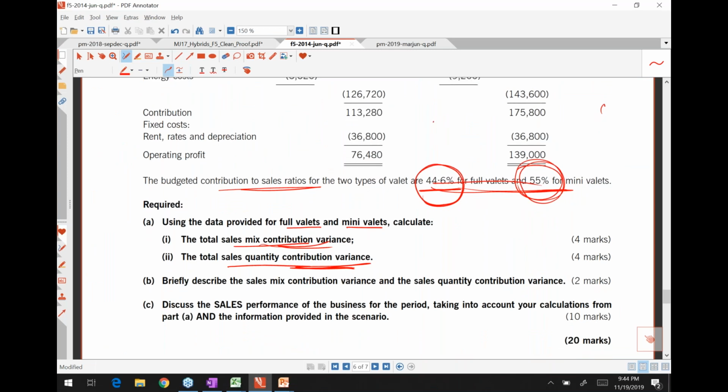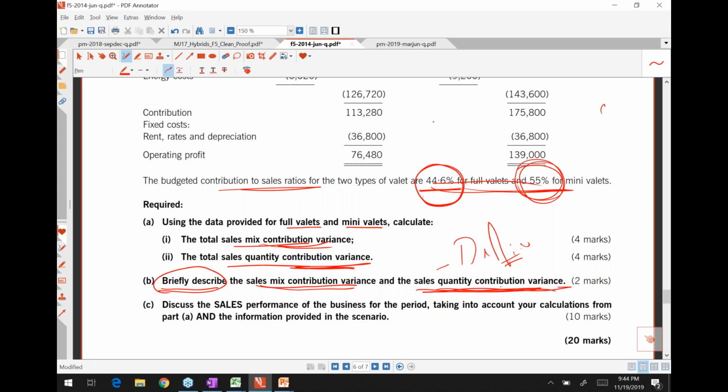Okay, briefly describe sales mix contribution and sales quantity contribution. So this is a simple definition. The examinable verb is briefly describe. What is the object? Sales mix contribution, sales quantity contribution.